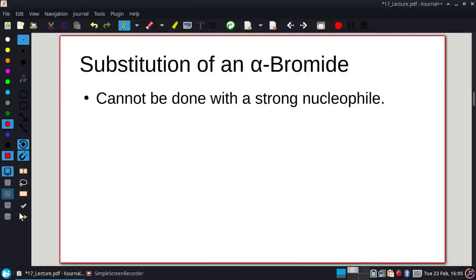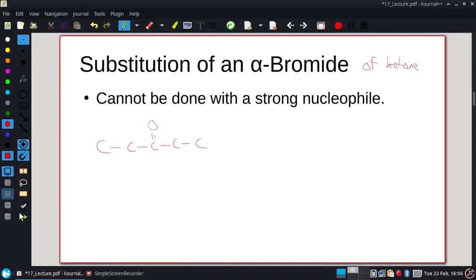All right, now if I wanted to do a substitution of an alpha bromine, and this should say of a ketone or aldehyde, I have a small problem. So let's look at a ketone, and I'll just look at a very simple one, acetone. Actually, I need a slightly bigger one, because with acetone, if I actually try to do that, I'm just going to make bromoform.